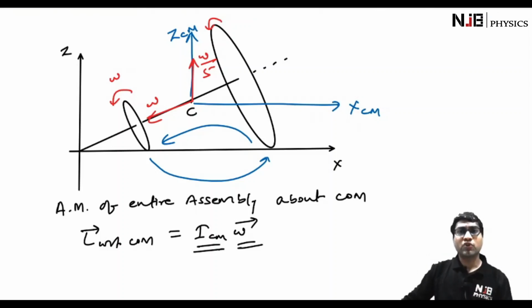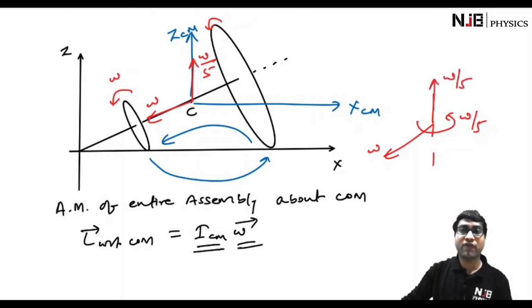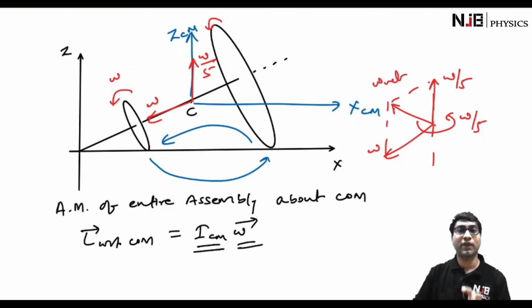Alternatively, you can also visualize it in this manner: when you sit at the center of mass, this entire assembly has an angular velocity omega in this direction, and this angular velocity vector is also rotating about the z-axis with an angular speed omega by 5, which means that the net angular velocity will be the vector sum of these two angular velocities, this omega vector and this omega by 5 vector, and the vector sum is going to be in this direction, which is the net angular velocity vector.